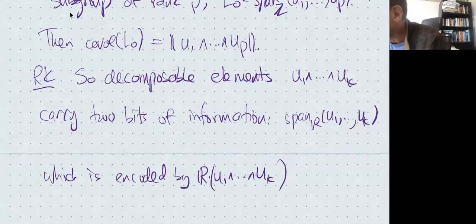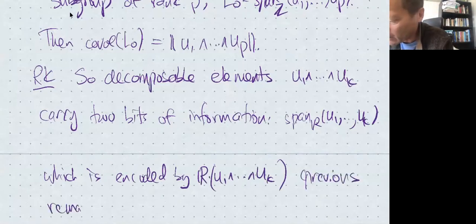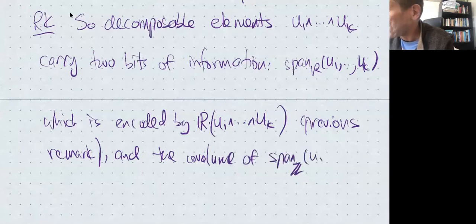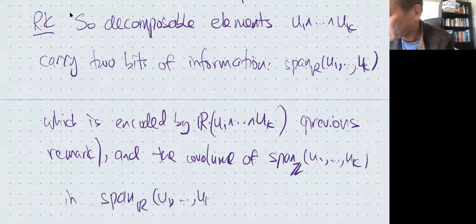This is the previous remark about the Plücker embedding. And the covolume of the span over Z in this span over R. And that's the norm.